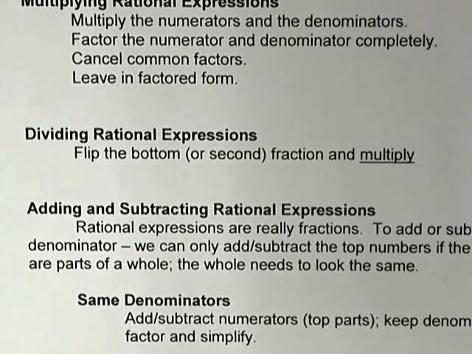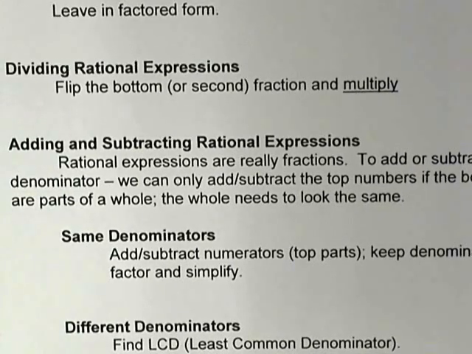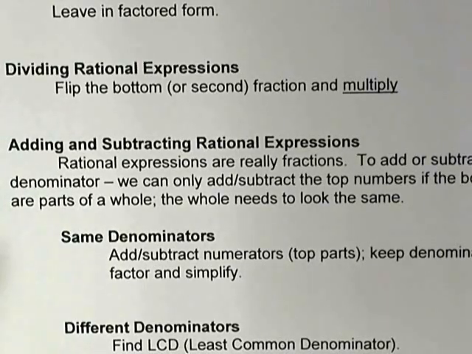Adding and subtracting rational expressions. This is where it gets a little bit more complicated. Okay. We need that common denominator. We can only add or subtract the top if the bottom is the same. So if they have same denominators, we simply add or subtract the top numbers and simplify if possible.